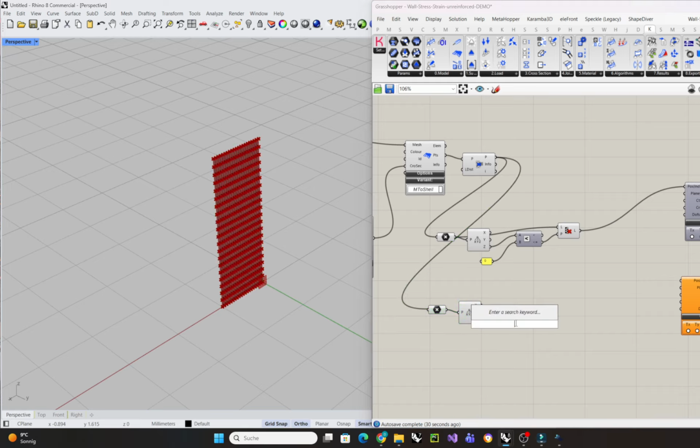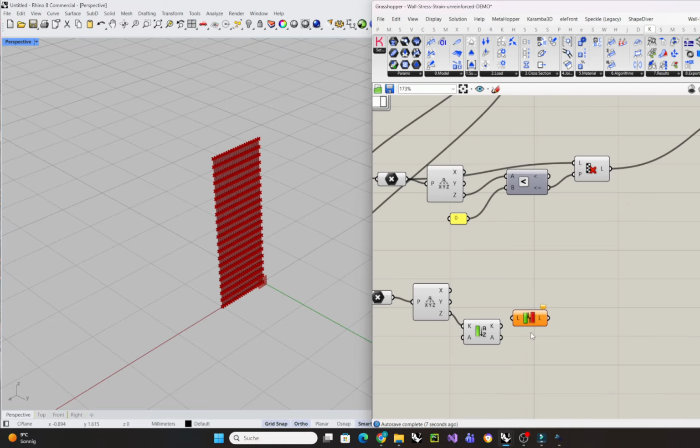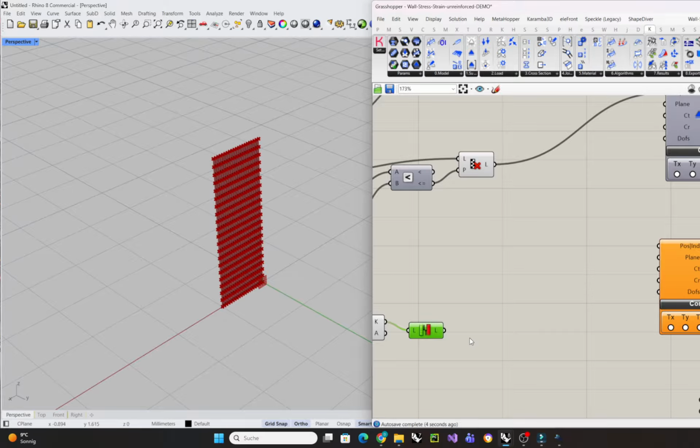And here let's try another approach, sort list, starting from the bigger value, for 2.8 meters.